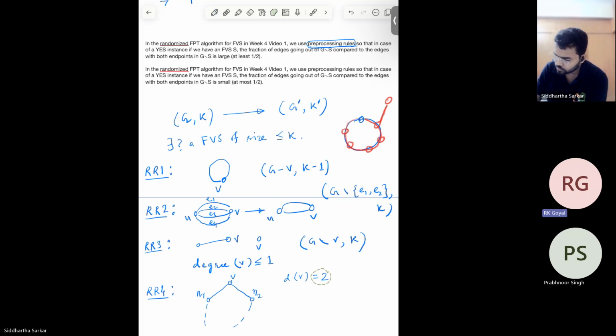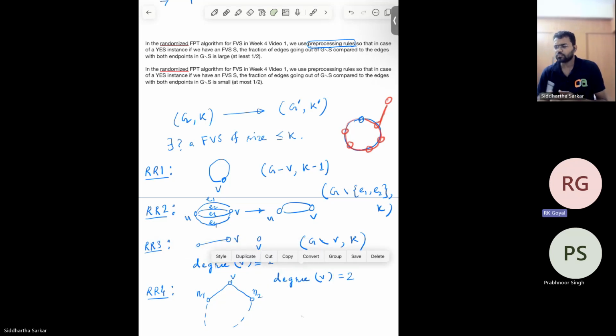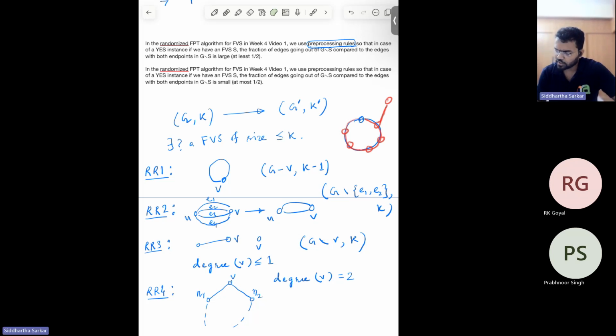Say, there could be a self loop at the vertex v1, or there could be a self loop at the vertex v2, or it could be the case RR3 as well. I don't know. So you're saying that the other reduction rules that we have already defined can be reused somehow to define this reduction rule.